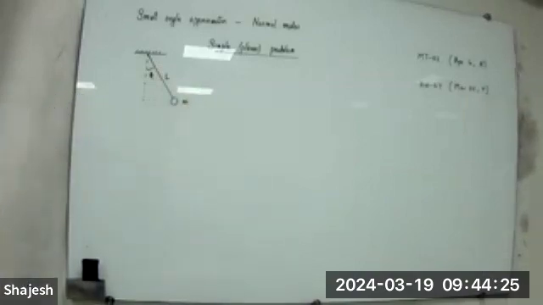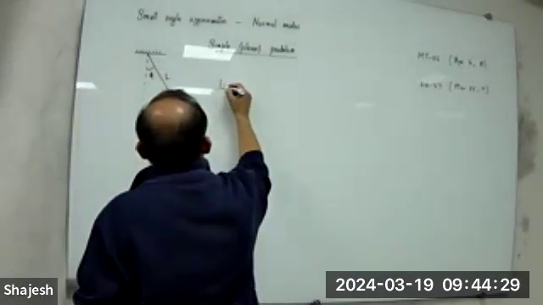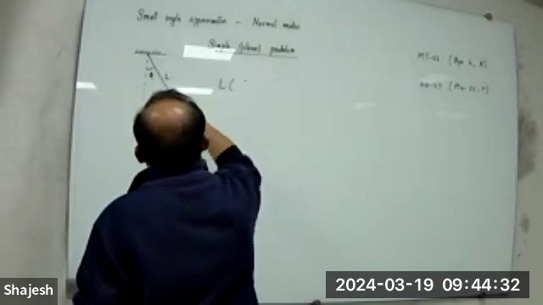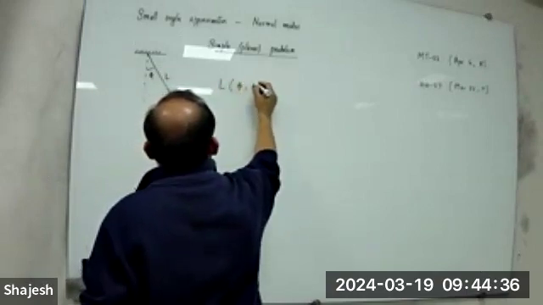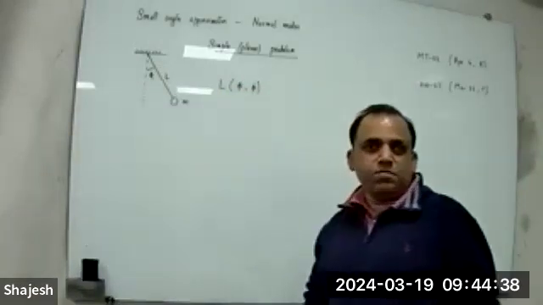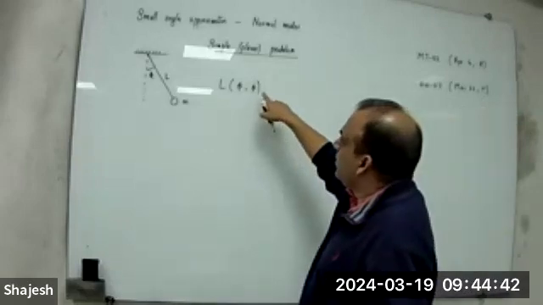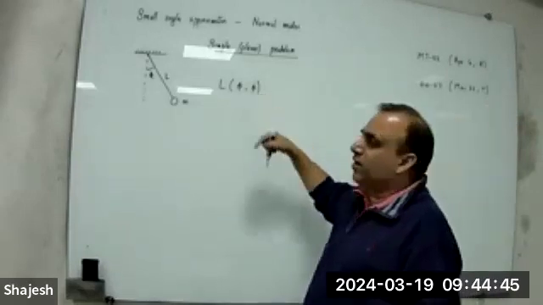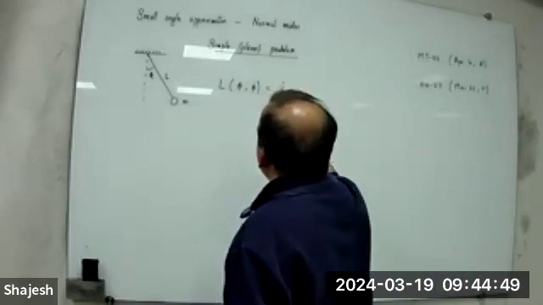And we have seen that our Lagrangian can be written in terms of the variable phi and phi dot. Dot means the time derivative, and there is no explicit time dependence in the Lagrangian. It is kinetic energy minus potential energy.